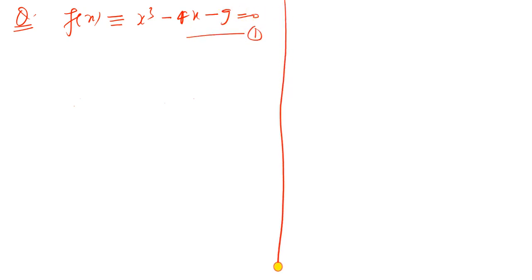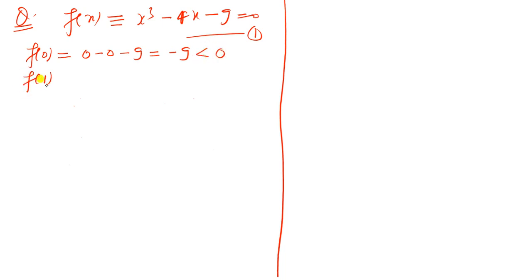Now we want to compute an interval where a root lies, with the help of the intermediate value theorem. So we put different values of x in equation 1. First put x is equal to 0. This will be 0 minus 0 minus 9, which is equal to minus 9, which is negative.